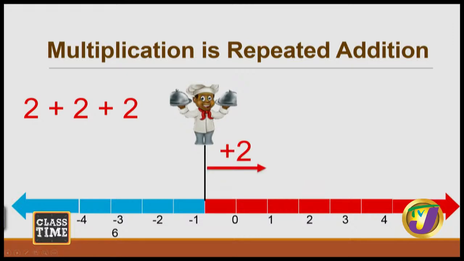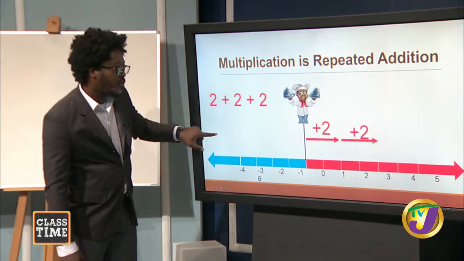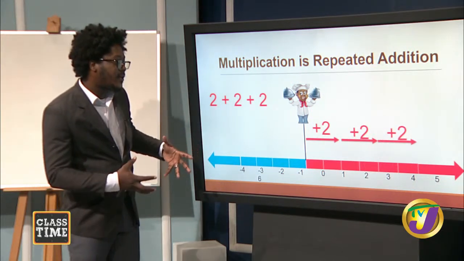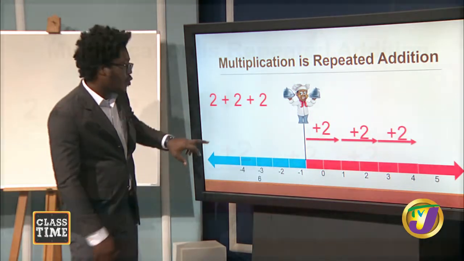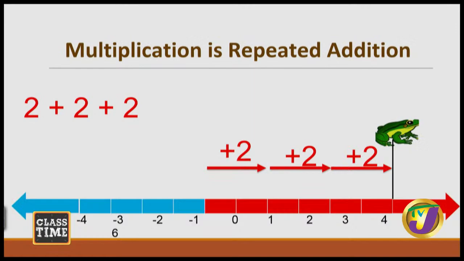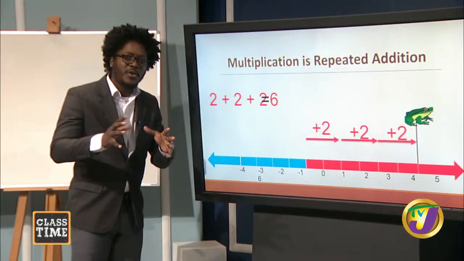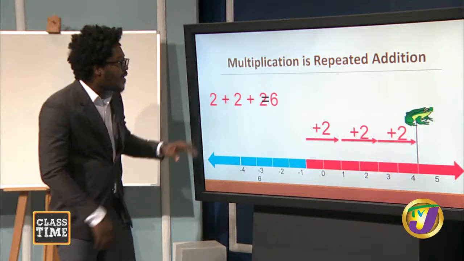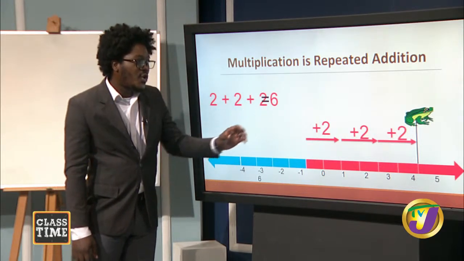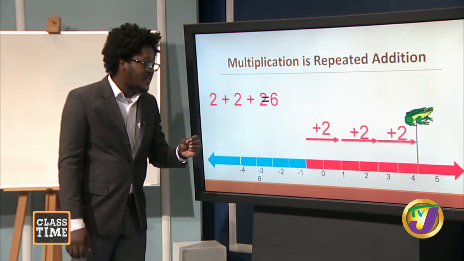We add 2, we add another 2, we add a third 2, and having added 3 groups of 2, we now realize that our final answer is going to be equal to 6. Now, it's a little bit jumbled on screen, but don't pay it much mind. So we realize that when we add 3 groups of 2, our final result is 6.